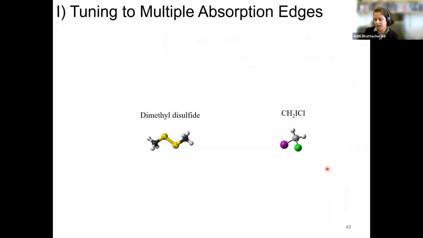The first being that it's true that we are bound by dipole selection rules. That is not necessarily a disadvantage. In fact, what we've shown is that it's possible, even using a tabletop source, to tune to multiple absorption edges in a molecule such as dimethyl disulfide or CH2ICl, which has both carbon and sulfur on the left molecule, for instance.